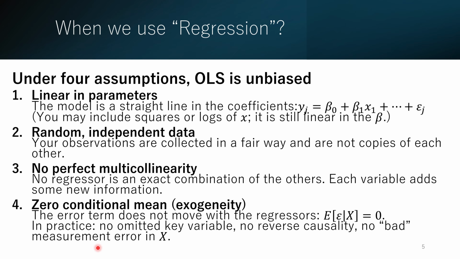Practically, we need to avoid omitted key variables and check there is no reverse causality and no bad measurement error in x. This assumption is the most important and the most difficult of the OLS assumptions, because this condition is very difficult to satisfy.